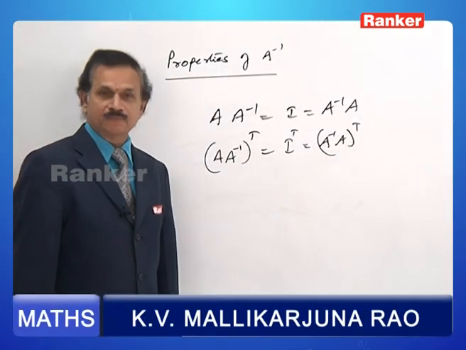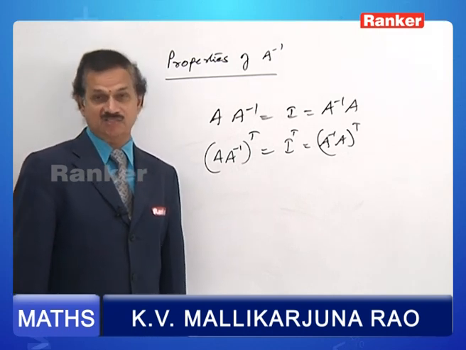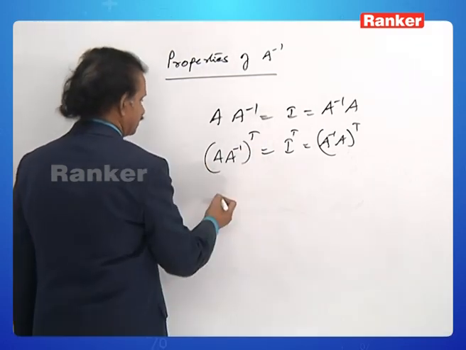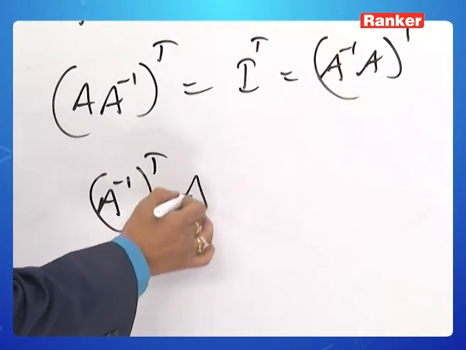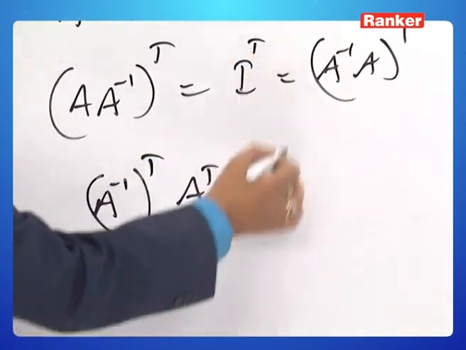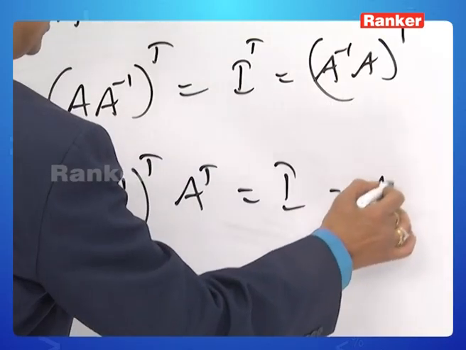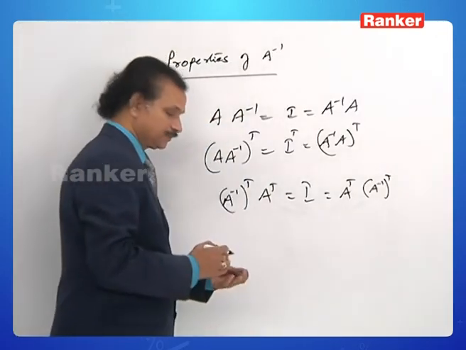And we know the properties of transpose. The reversal of transpose is there. According to that, AB whole transpose is B transpose into A transpose. I transpose is I.